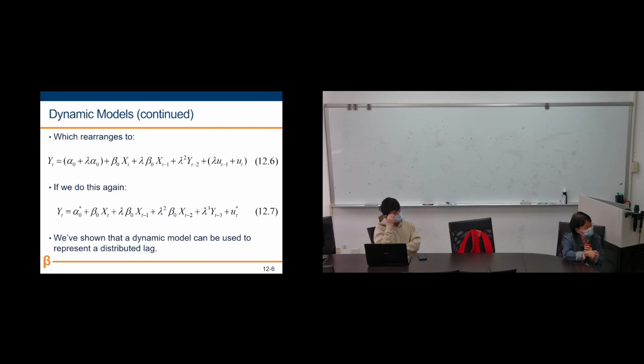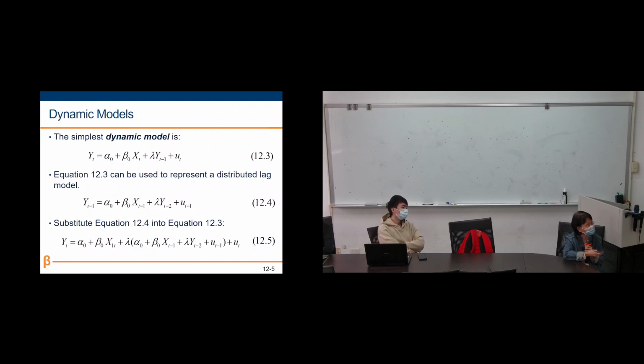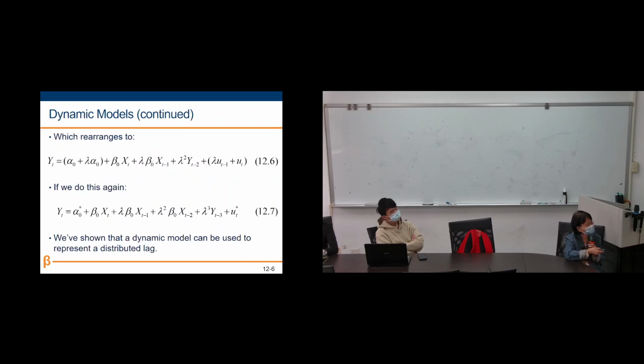In other words, 12.3, the simplest dynamic model, can be expressed as 12.7.